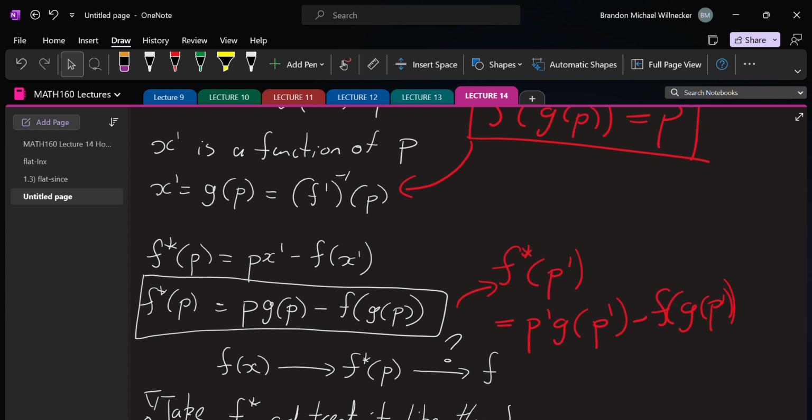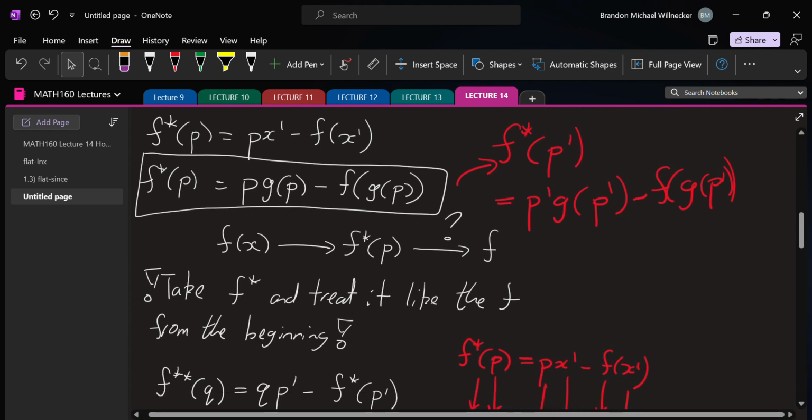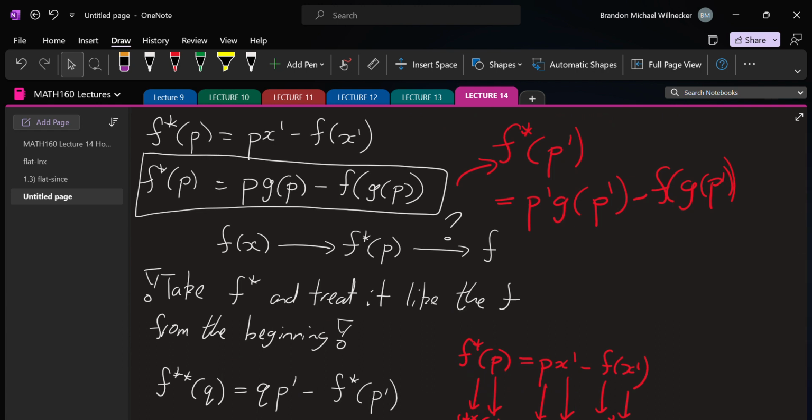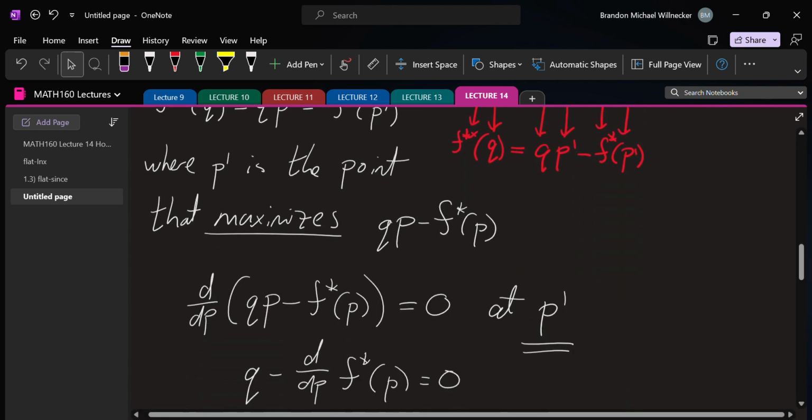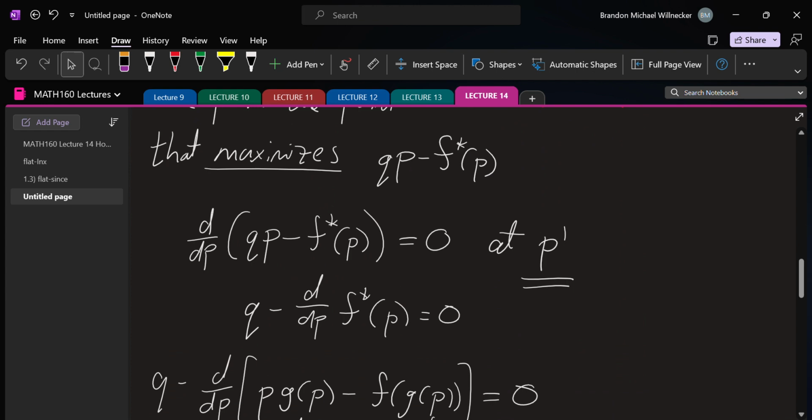What do we do after that? We want to show that it's its own inverse. So we do it again. We treat f star like we treated f. So what do we want? We don't want x prime. We've done that. We want p prime. How do we get p prime? Take the derivative, solve for p.